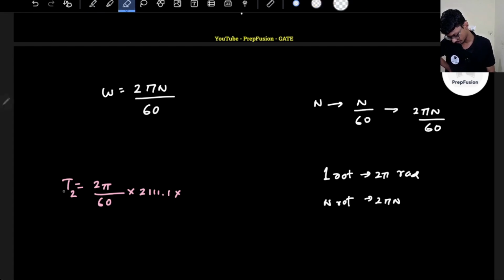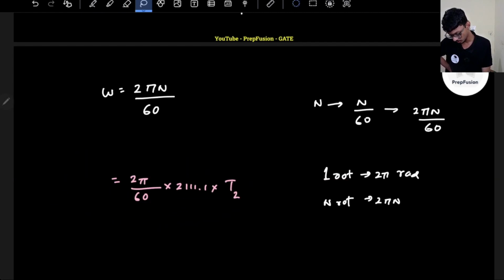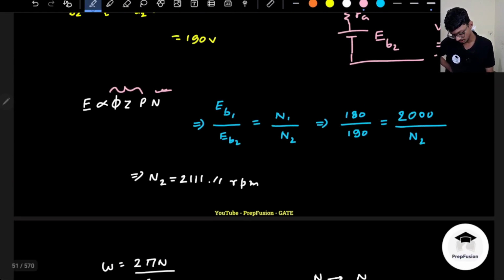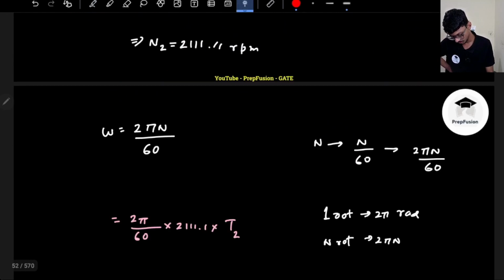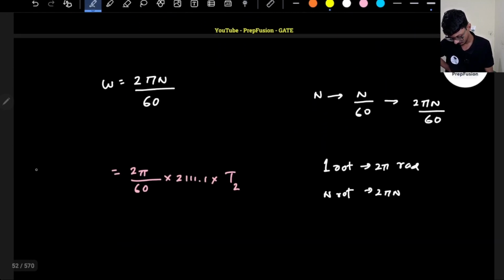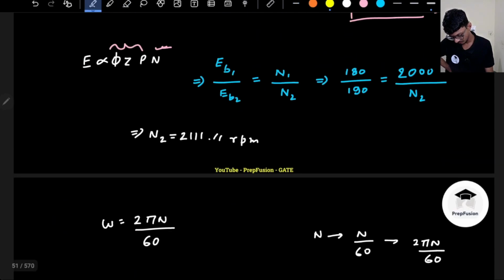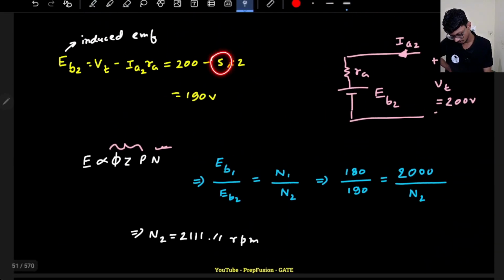Omega will be here only. So omega into torque will be equal to EB2 into IA2. So what is EB2? EB2 is 190. So it will be 190 into IA2. What is IA2? IA2 is simply 5 ampere.